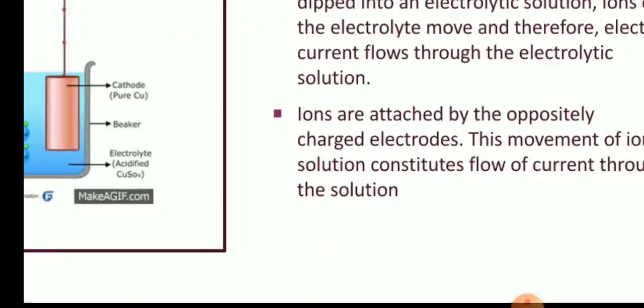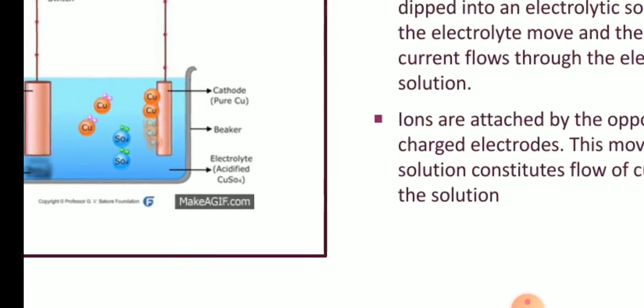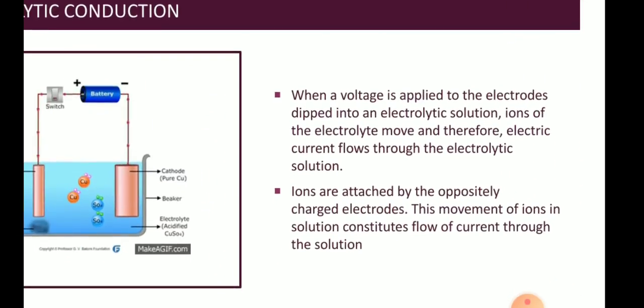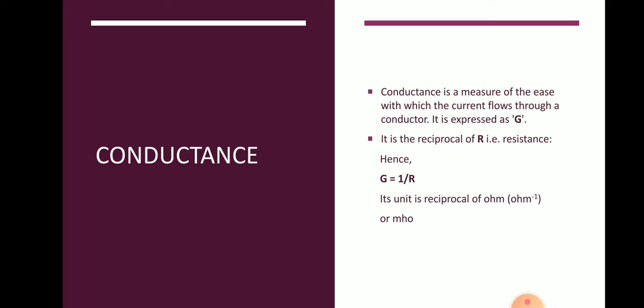Now, what is the second thing? The second thing is conductance. We can say that conductance is a measure of the ease.